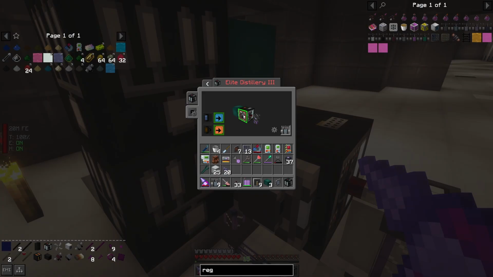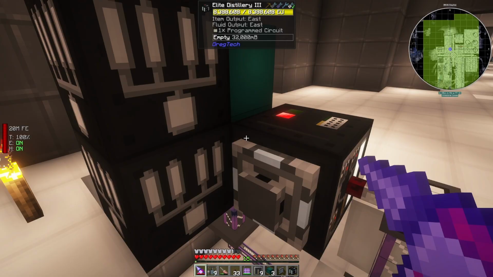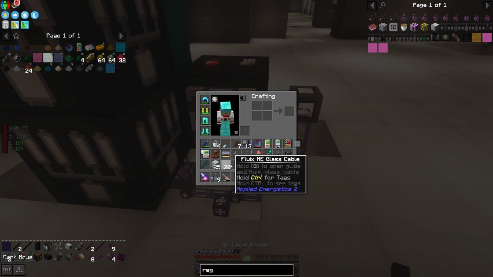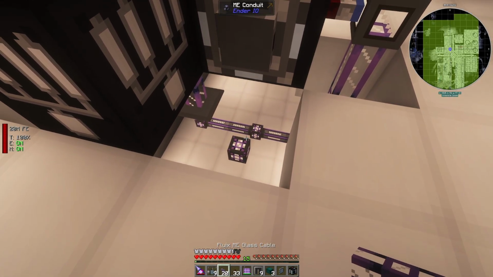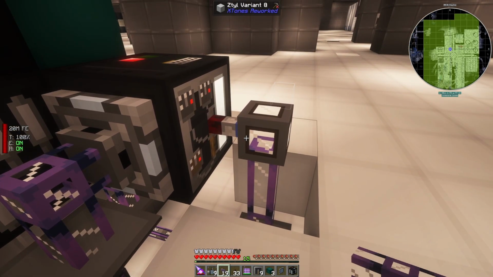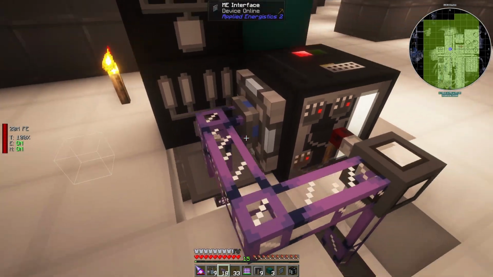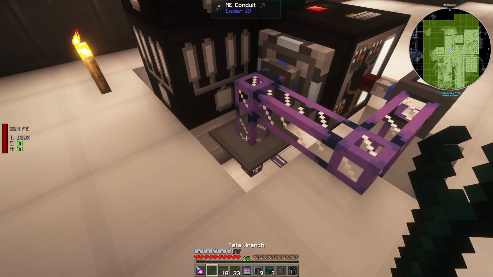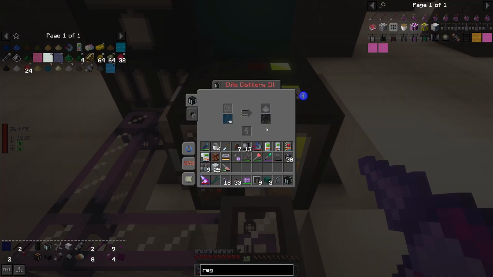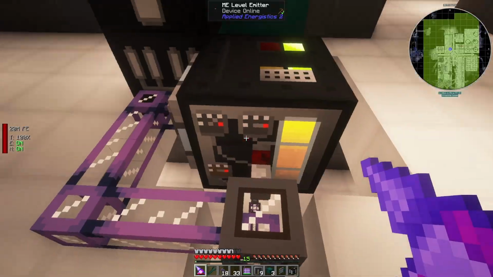So boop, boop. There we go. And check. Okay. This is probably a little bit messy, but whatever. Okay, so that's already cooking. So we're gonna need, yep, okay, that's already good.